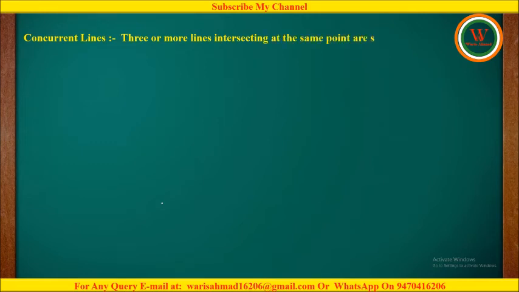Now the next topic is concurrent lines. Three or more lines intersecting at the same point are said to be concurrent lines. Let us take the example of the very first line.